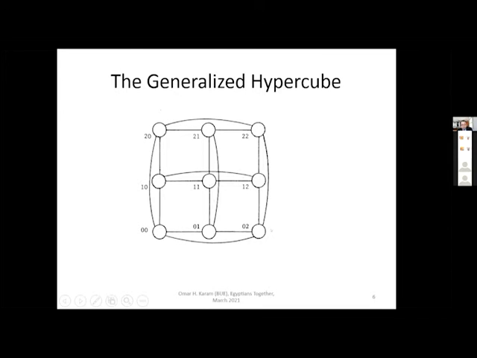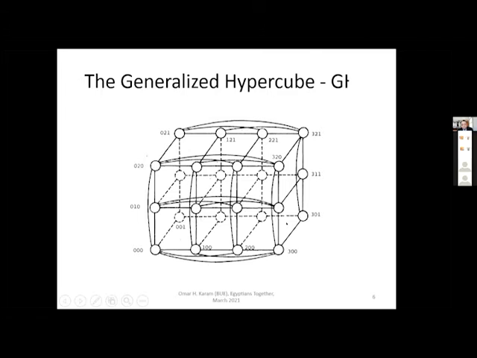If we take another look at another generalized hypercube, this is a representation of a 3-dimensional graph. And we have 2 by 4 by 3. So 2 by 4 is 8, by 3 is 24 nodes. Now, the number of dimensions here is 3. This is 1 dimension, this is another dimension, and then this is a 3rd dimension, X, Y, and Z. Now, in every dimension, it's fully connected.